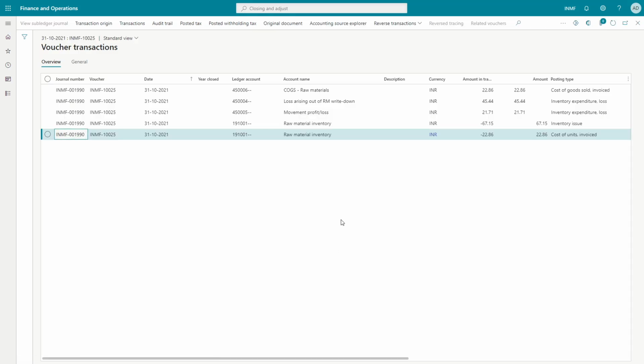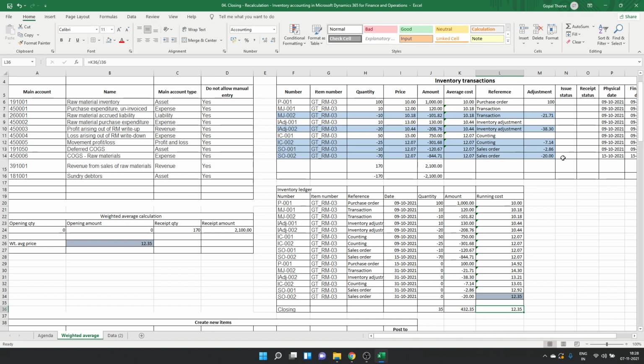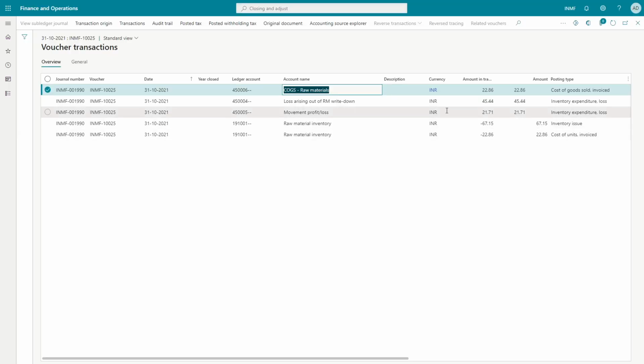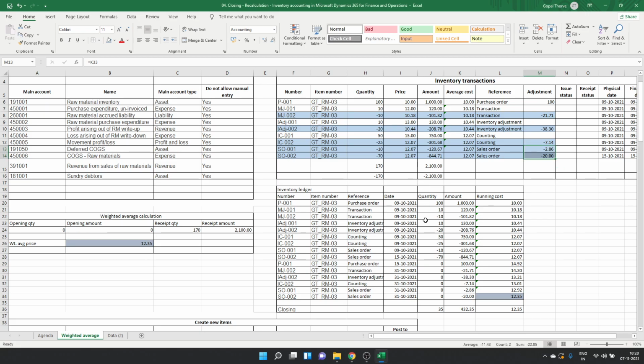If we see the voucher, COGS is posted by 22.86. If we sum these two, it is 22.86. Correct? Yes, there is some rounding. Now if we see the loss arising out of RM write down, the RM write down has happened here, here, and here.